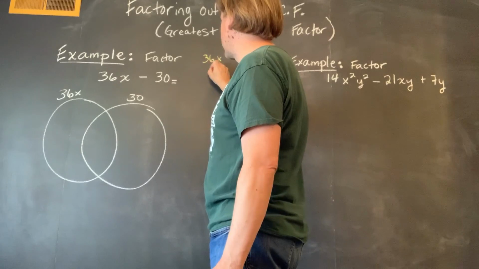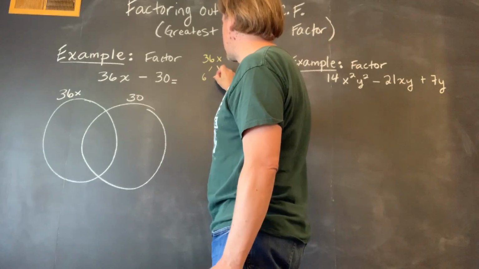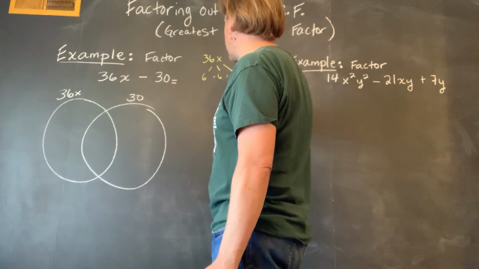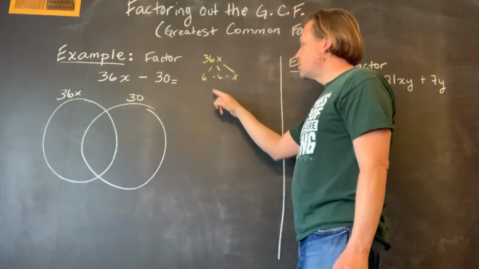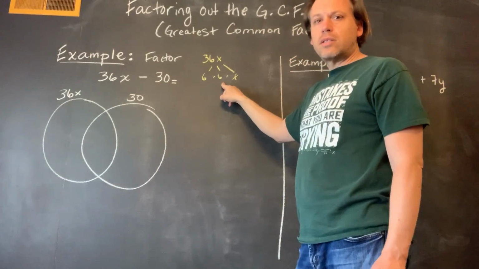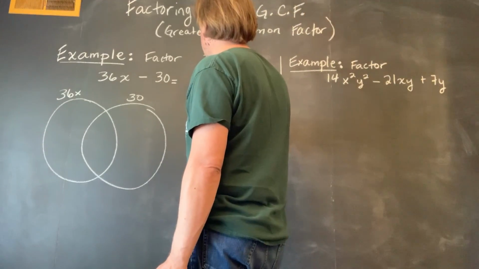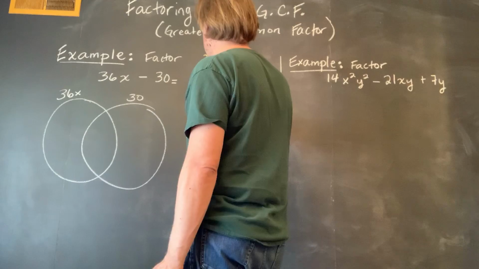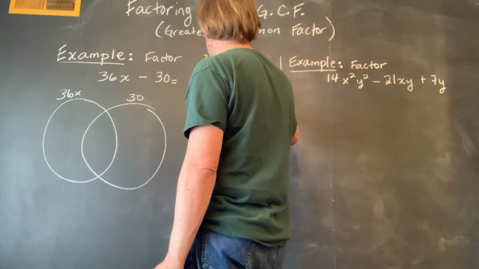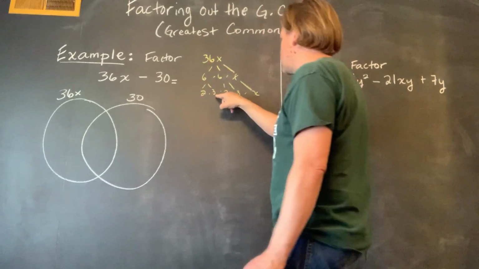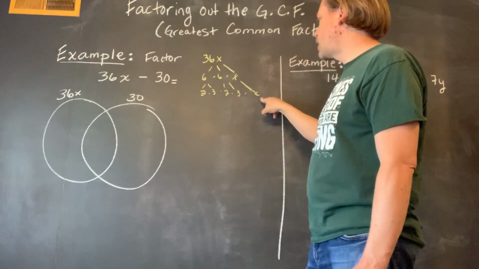and you do a factor tree, I know it's 6 times 6 times x, but the 6 and the 6 are each 2 times 3. And then times x. So 2 times 3 times 2 times 3 times x.